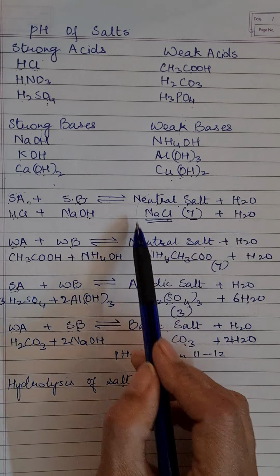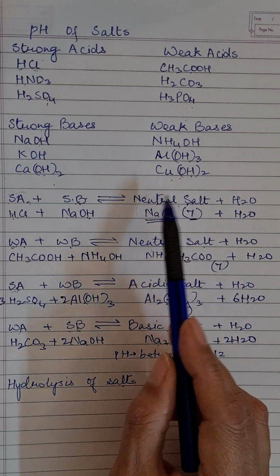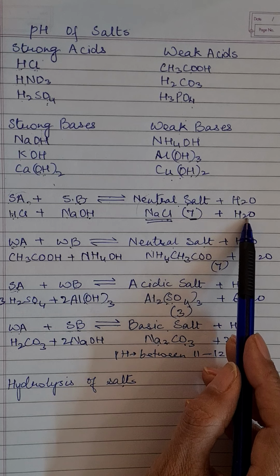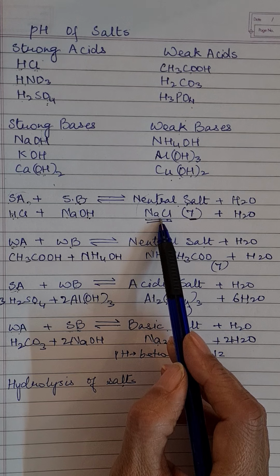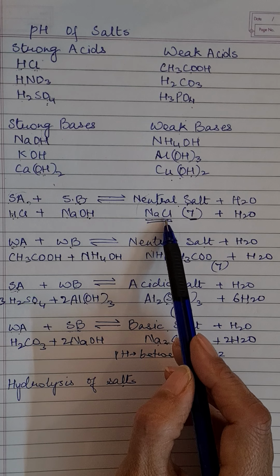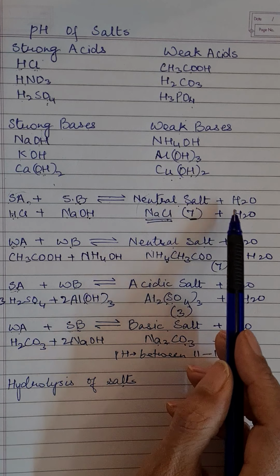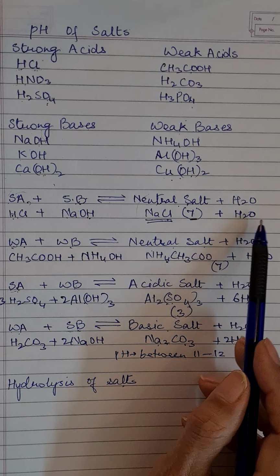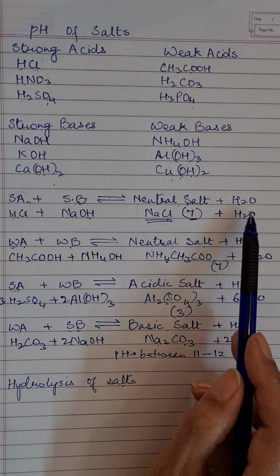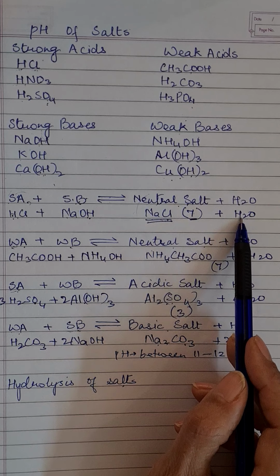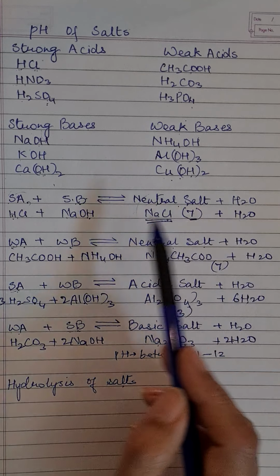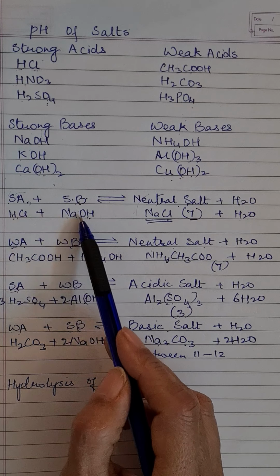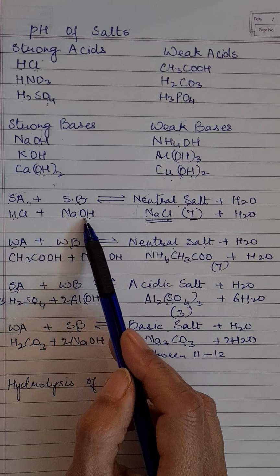It is due to this hydrolysis, or this combination with the water, which the salt undergoes. The ions of the salt interact with the water molecules, and that is known as hydrolysis. So when this salt interacts with the water molecule, it's going to form again the acid and the base, which are of equal strength.